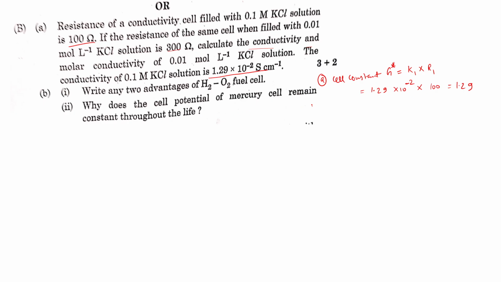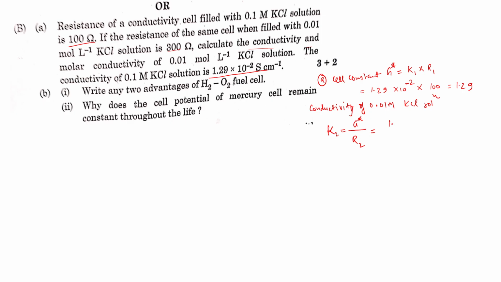Now we have to calculate the conductivity of 0.01 molar KCl solution. Since this is for the second data, K2 is equal to the cell constant G star that we just calculated, divided by the resistance of the second data.